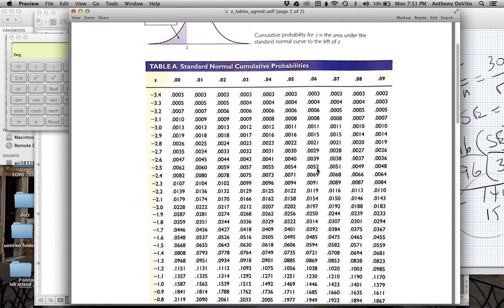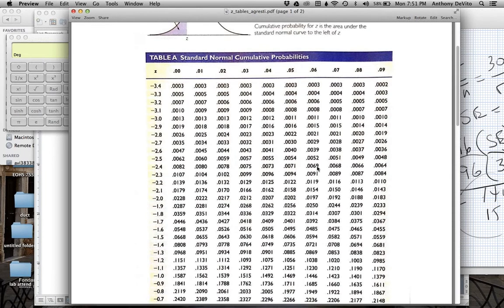That column, 0.04. Here we go, 2.2, 0.258.